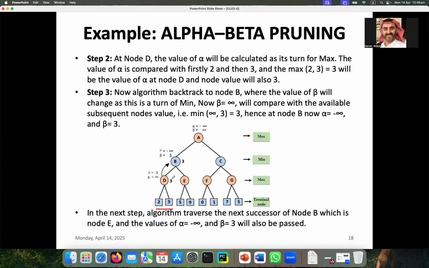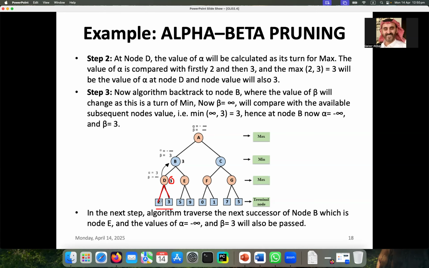This max player will accept the maximum value. First it will be 2 and then 3, but I am skipping some steps. The value of alpha will become 2 first, and when you open it up, it will become 3.